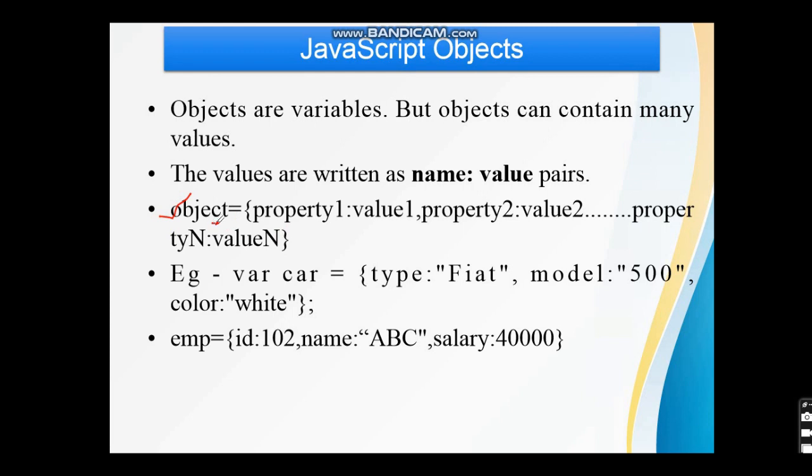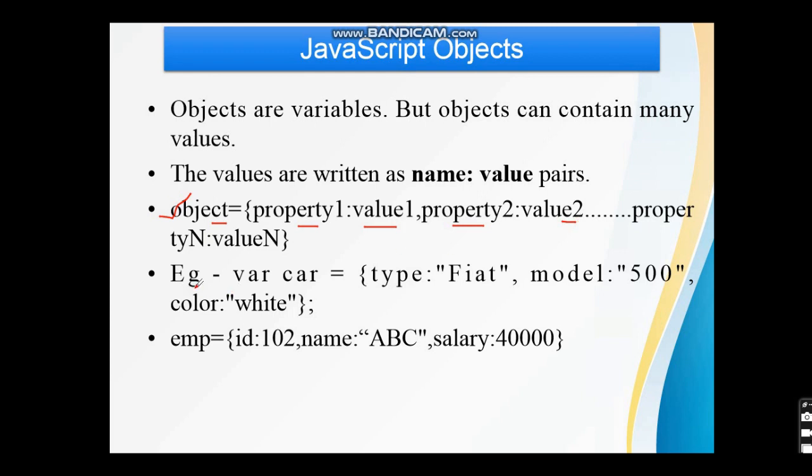This is the name of the object, and here it is having property 1 and value 1. Next, property 2 and value 2 and so on. This indicates it can have many values in a single object.